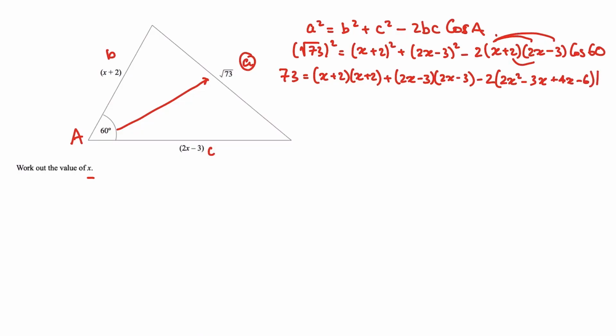And cos 60 simply gives us a half if you put it in a calculator. And we can clearly see that the 2 here with the half cancels out. So now let's expand the other bracket.